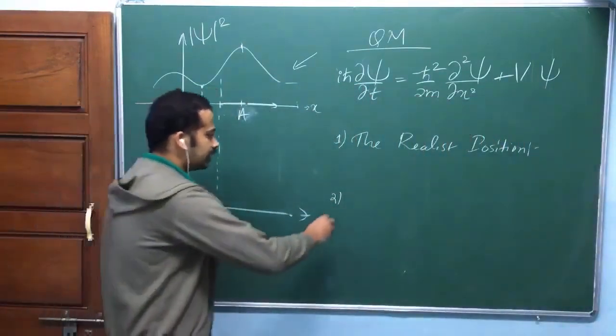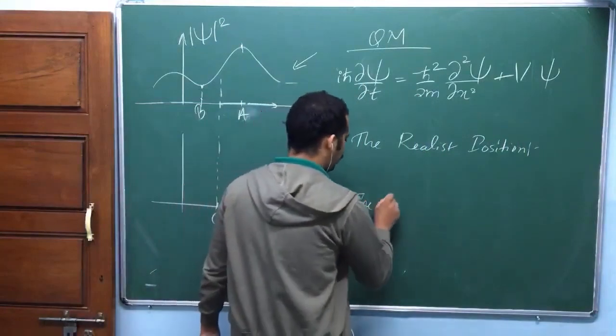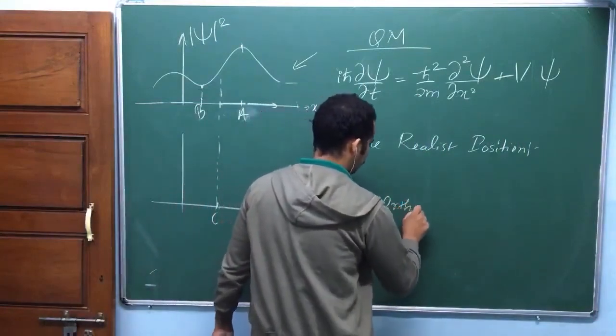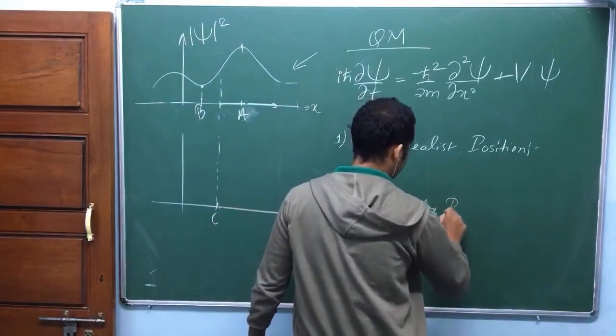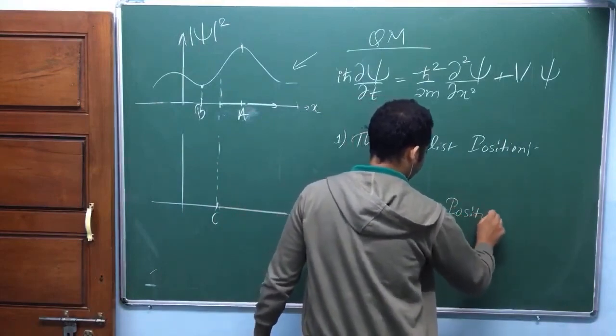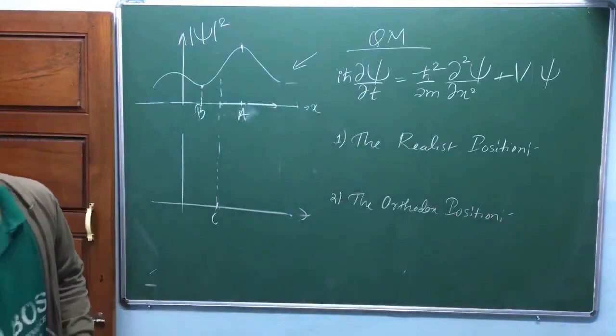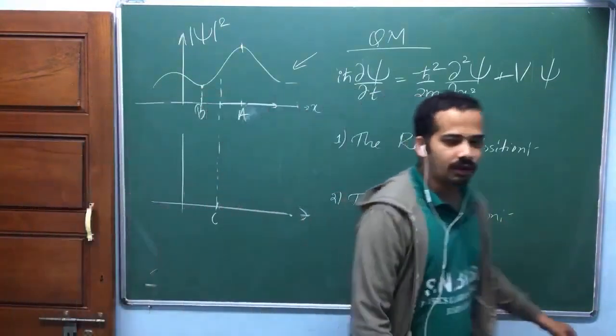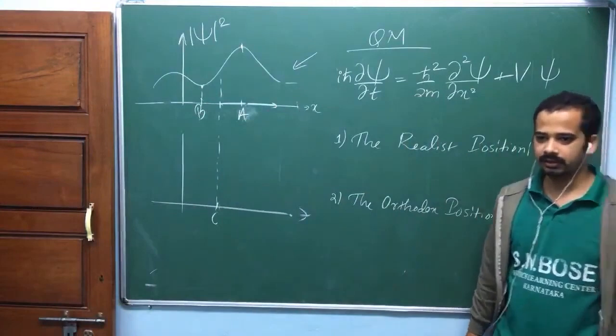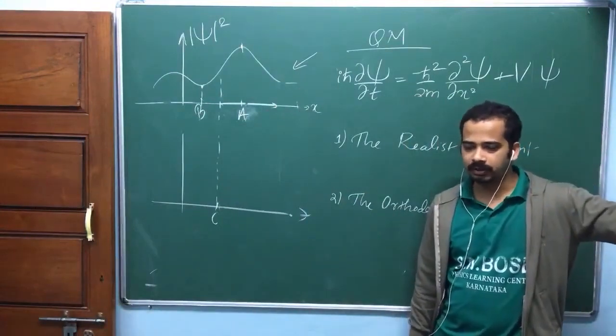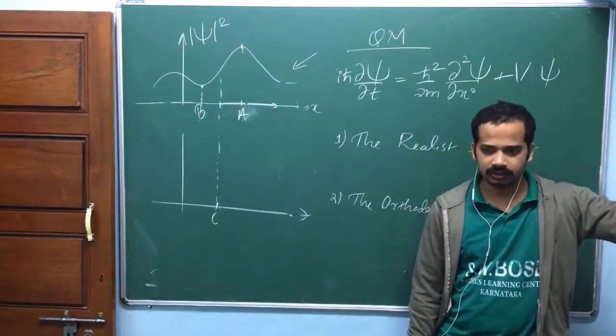So the second one is the orthodox position. We call this the Copenhagen interpretation also. The particle was not there anywhere. Before measurement, it is not taking any stand.